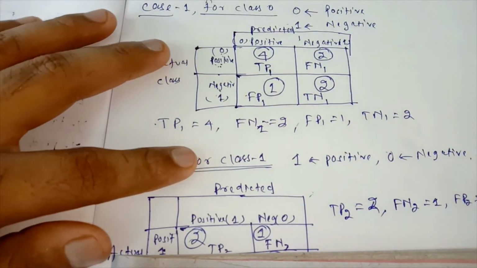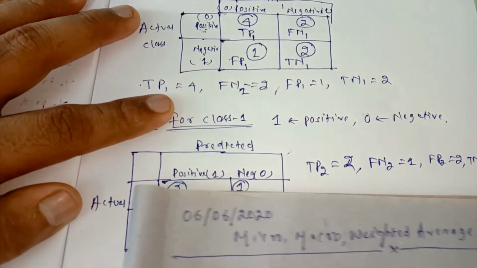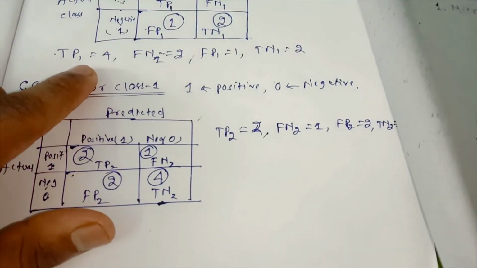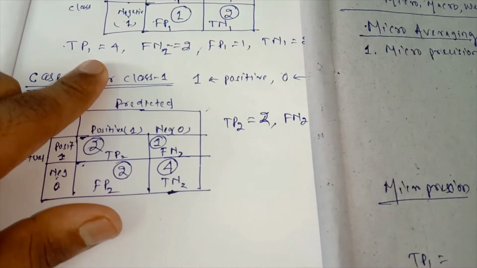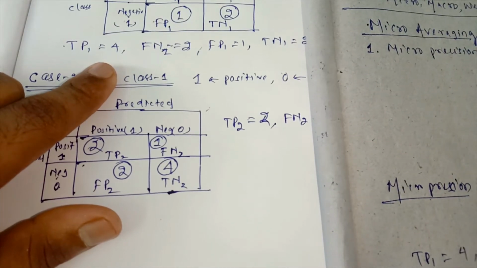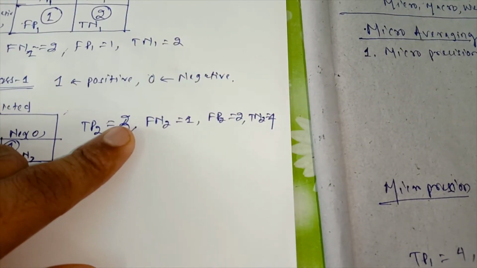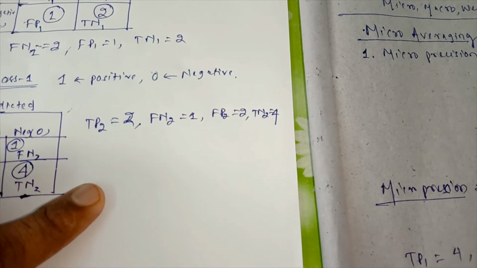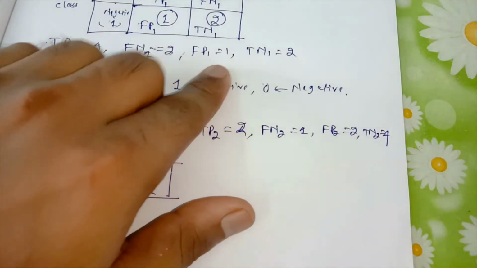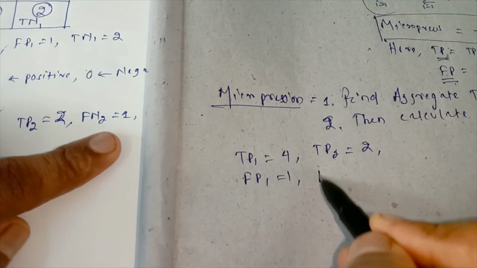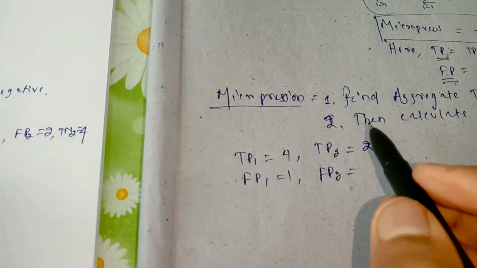Now we have to calculate the aggregate TP. From this example, TP1 equal to 4, TP2 equal to 2, FP1 equal to 1, and FP2 equal to 2.